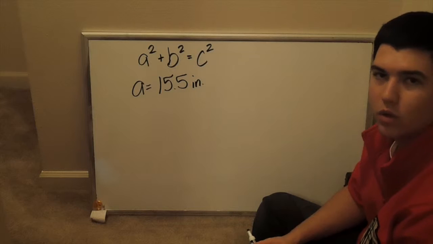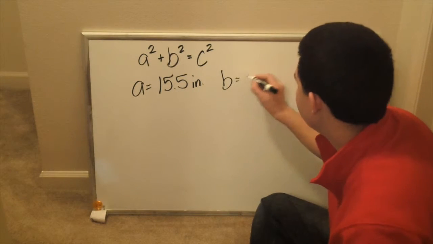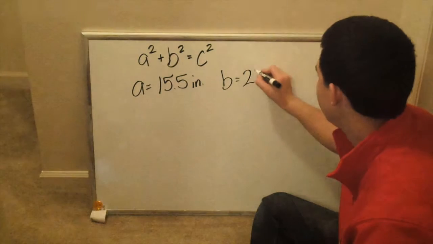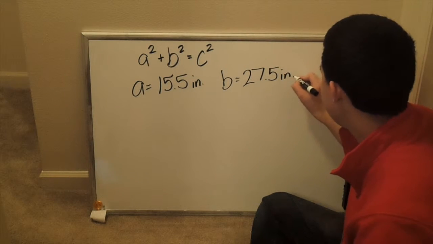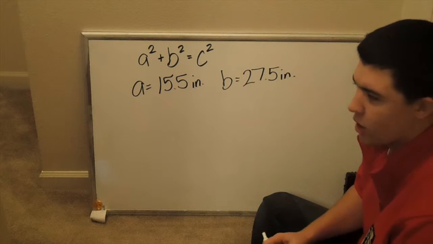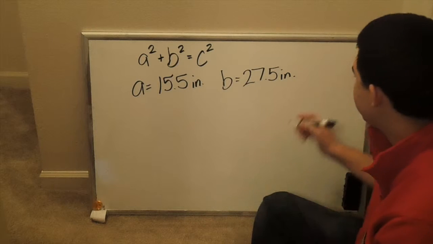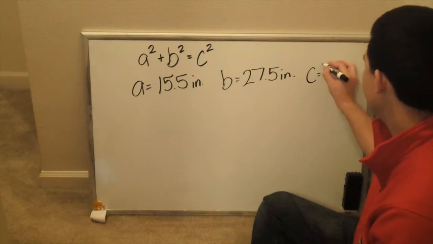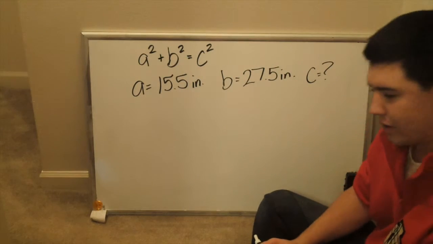And then our length of the TV, we're going to let that be equal to B. So B is going to equal 27.5 inches. And so if we know our A and we know our B, the C must be our diagonal. So we don't quite know what C is yet. That's what we're going to solve for.